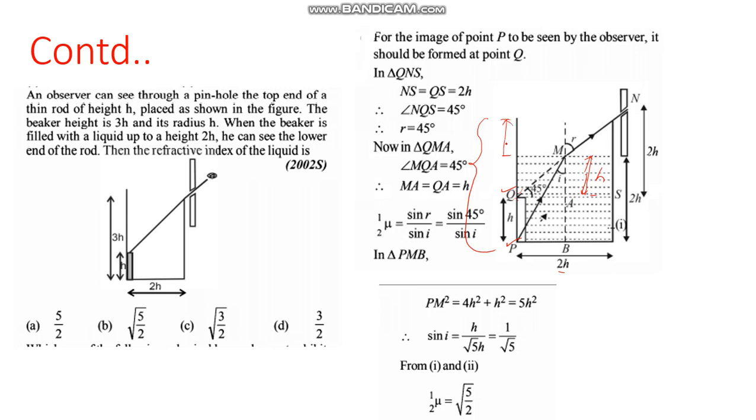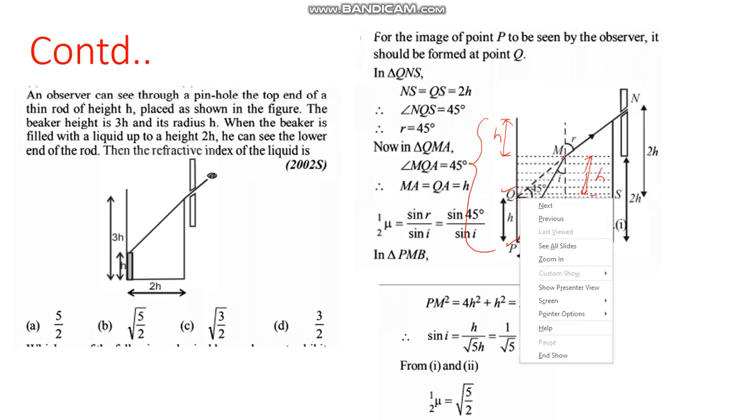Now the ray started from this point, making some angle of incidence, but because it is moving from denser to rarer, it will deviate away from the normal, refract and pass through this slit. If you extend back, this point he is seeing as this point.